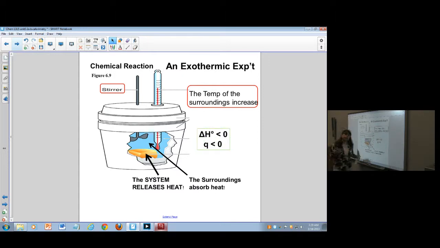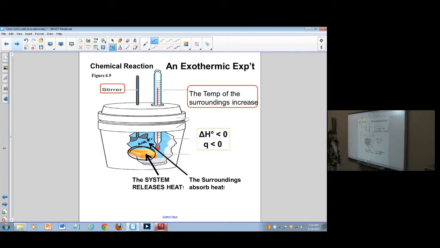Likewise, when you have an experiment that's exothermic, again, be sure you label everything. Okay? In this case, the surroundings, this water or whatever it is, are the surroundings. And in this case, like this piece of chemical, whether it's a throat lozenge, which is what it looks like to me, or anything else, is going to be the system. Okay?